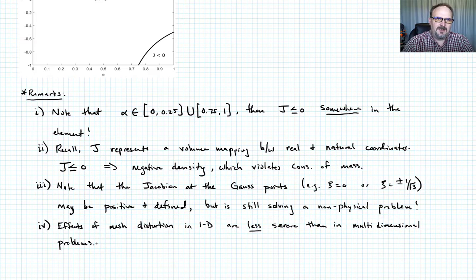But I just want you to be aware of the fact that if you're modeling in 3 dimensions, this issue of mesh distortion becomes much more severe. So this is the best case scenario. As we go to higher orders, it becomes more troubling. So it becomes important to make sure that the Jacobian is not negative in the element so that we get accurate results.